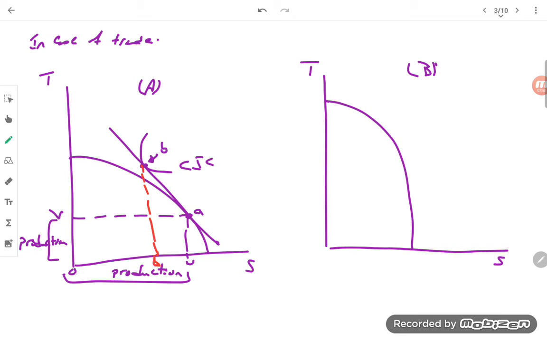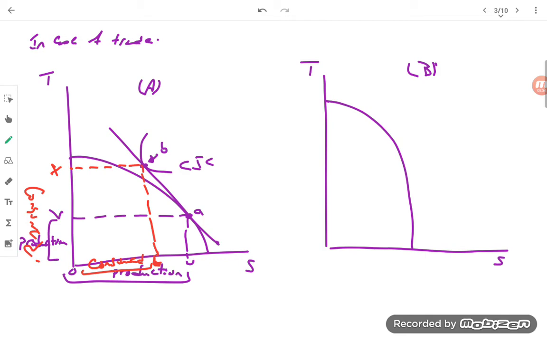Quantity OL is the quantity consumed of soybeans in country A, and quantity OX is the quantity consumed of textile in country A.